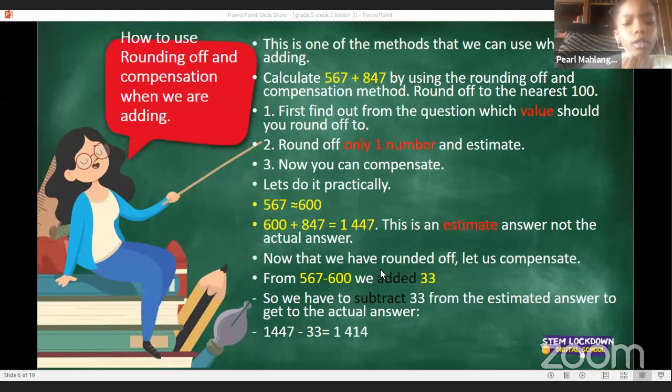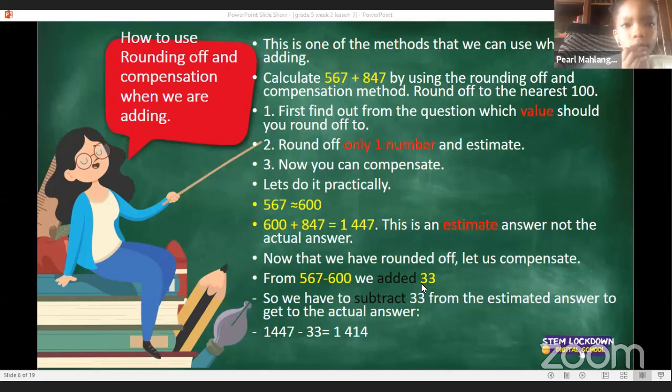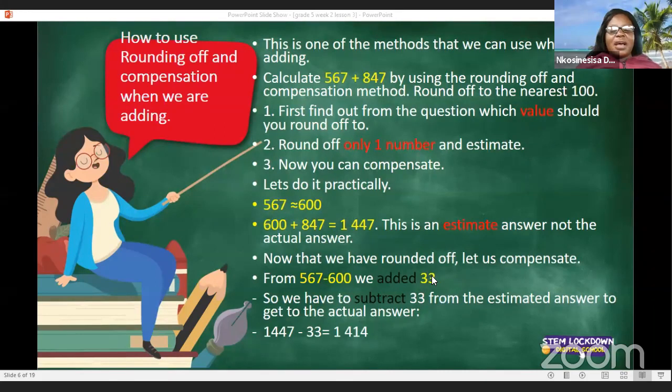Where you rounded up, you have to subtract, and where you rounded down, you have to add. Hence why I said for those that are advanced, you can round off both numbers. But for now, we are starting everyone on the same level so that they just understand this part.